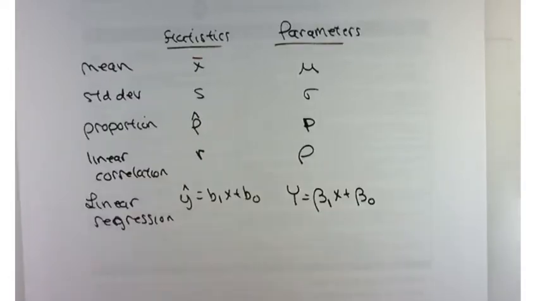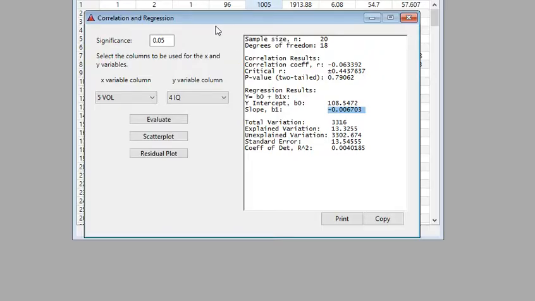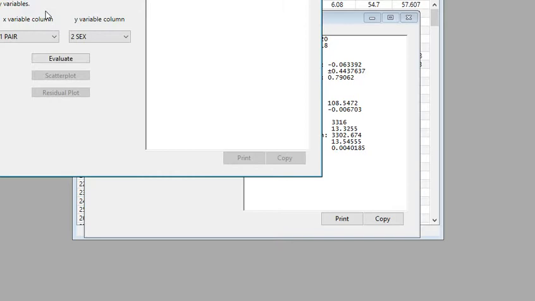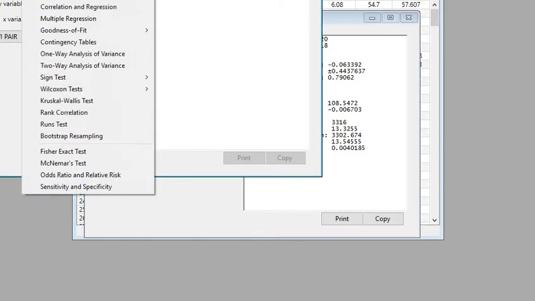Let me take a quick look at StatDisk. Data analysis, correlation, regression. Yeah, I think this is set up for linear regression. Multiple regression would allow essentially a linear regression with a lot of different predictors, a lot of different independent variables, and it's not that bad.